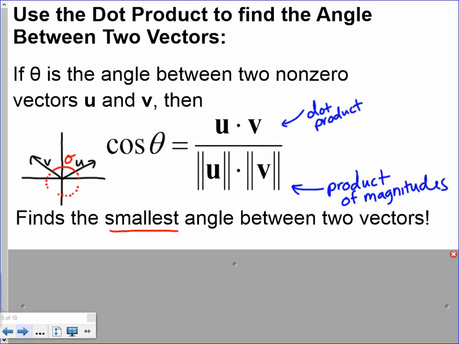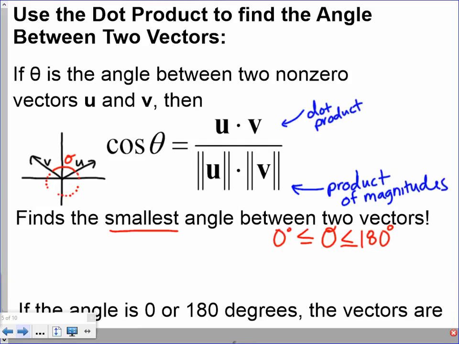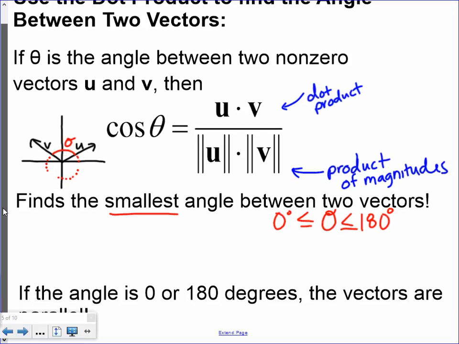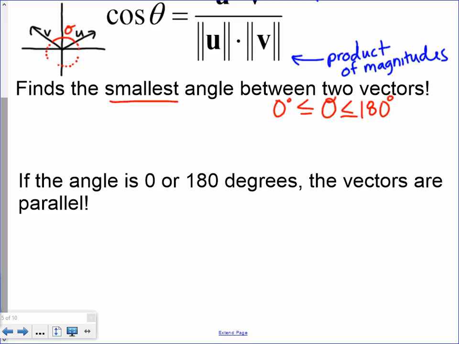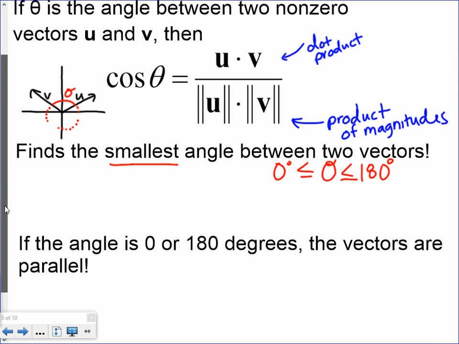So we're always going to get the smallest angle between two vectors, and our angle generally will be between 0 degrees and 180 degrees. Most of the time it will be between those two numbers as opposed to equal to those two numbers, 0 and 180. If the angle is 0 or 180 degrees, then the vectors are parallel.